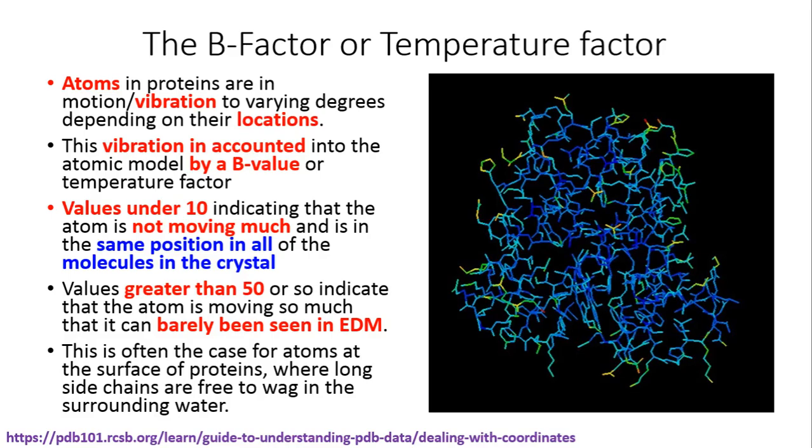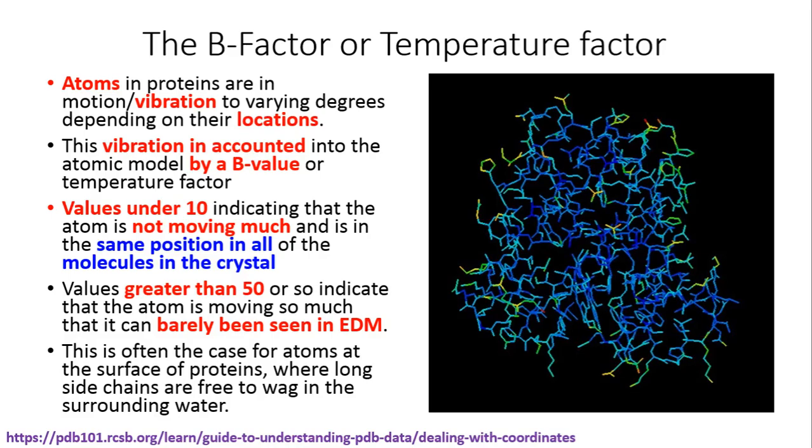So if the atom has a B factor value under 10, that means it is quite stable in your protein molecule. While if the value of B factor is greater than 50, that would eventually mean that it has got inherent flexibility in it.